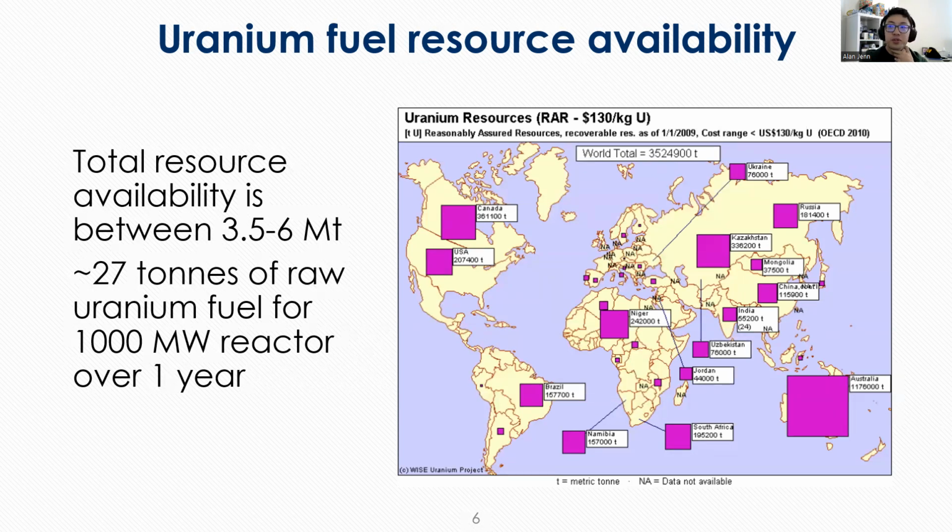So total amount of uranium resource around the entire globe, 3.5 to 6 million tons. And we use approximately 27 tons of raw uranium fuel for a 1 gigawatt reactor over the course of a year.